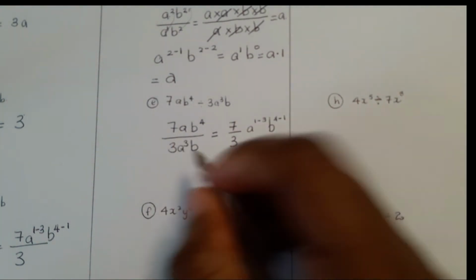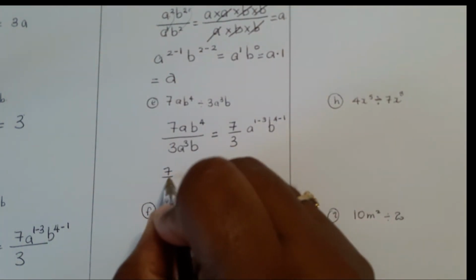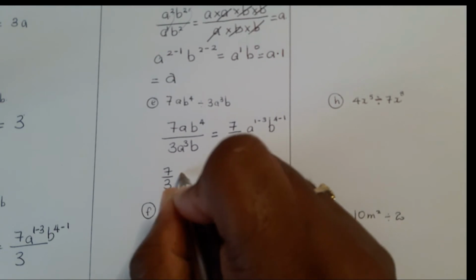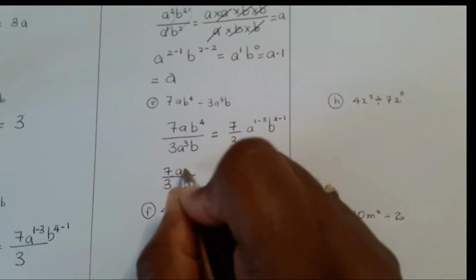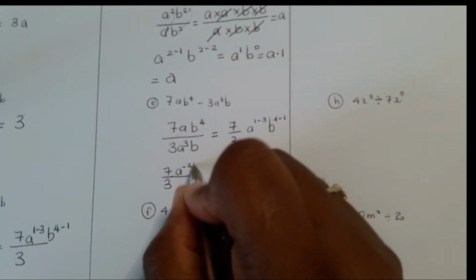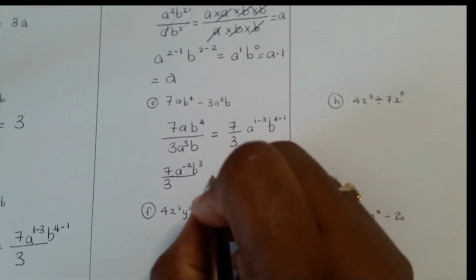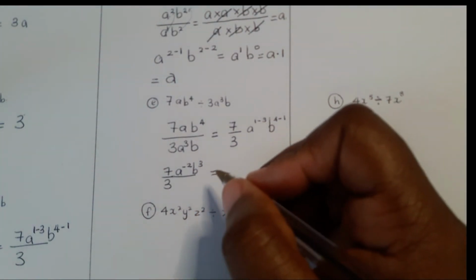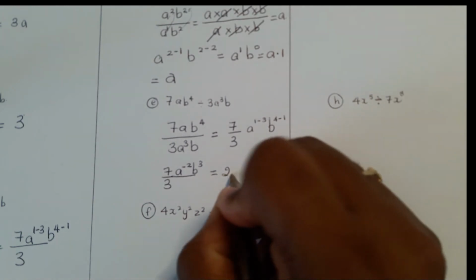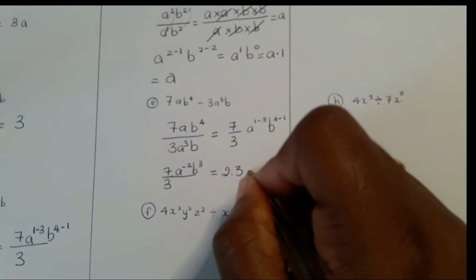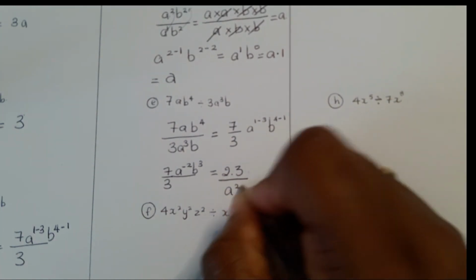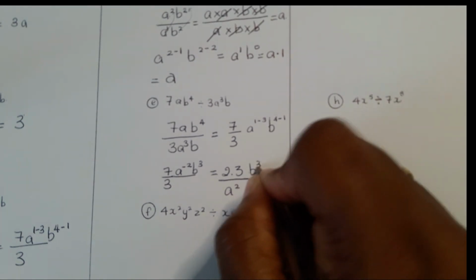So you write it like that, and you're left with 7 over 3 a to the negative 2 and b to the 3. And just so it looks a little bit nicer, we could write this in decimal form, 2.3, over a squared, and then we have b cubed right here.